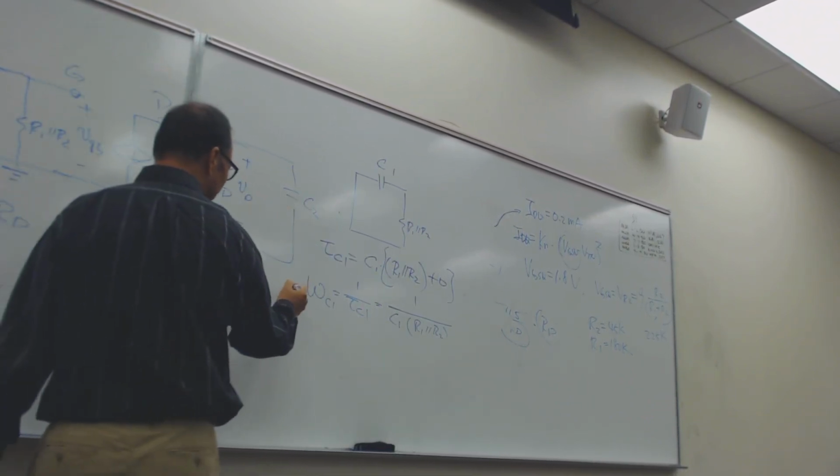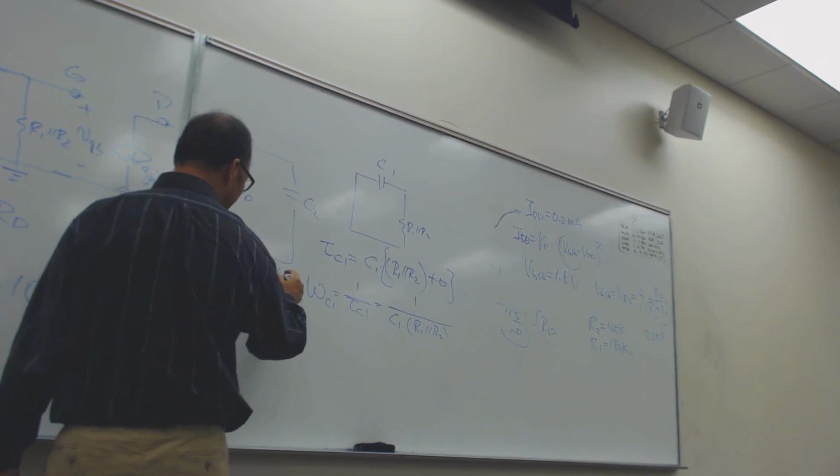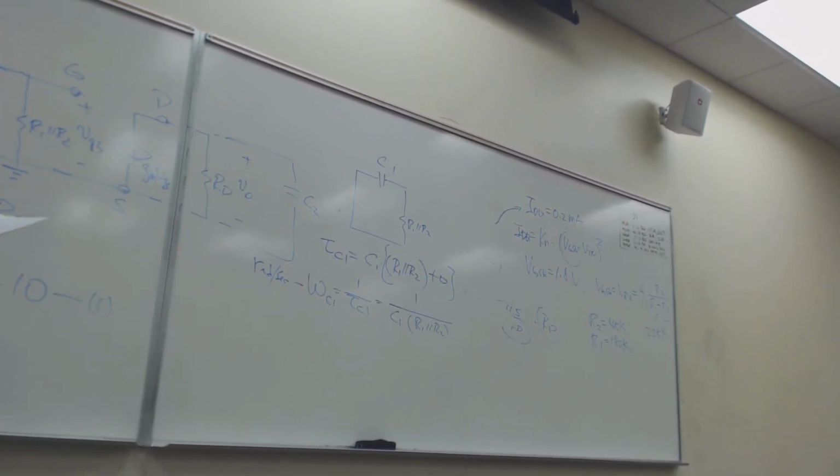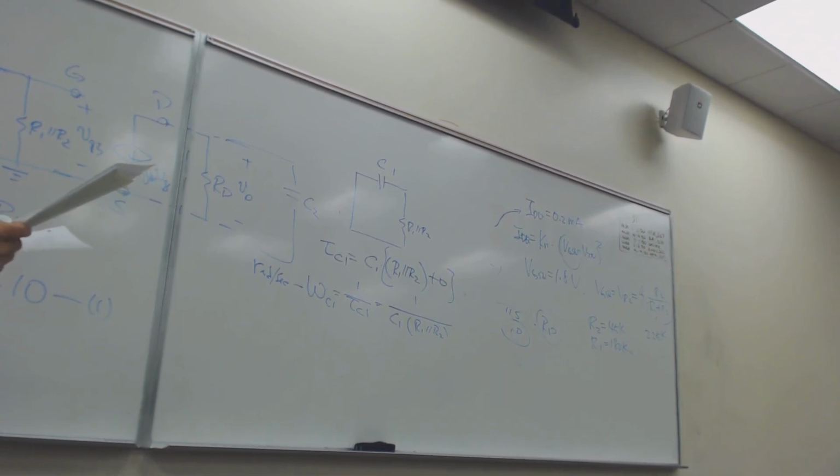Okay, and this is in the unit of radian per second, but the frequency we got was in hertz, correct? So two corner frequencies were given, 200 hertz and 3K hertz.